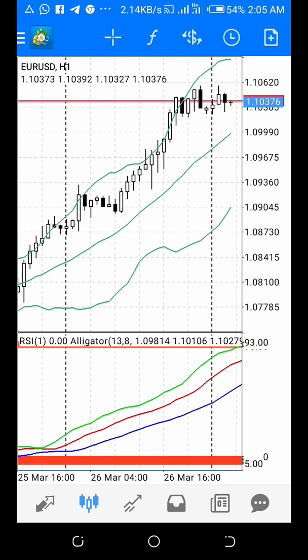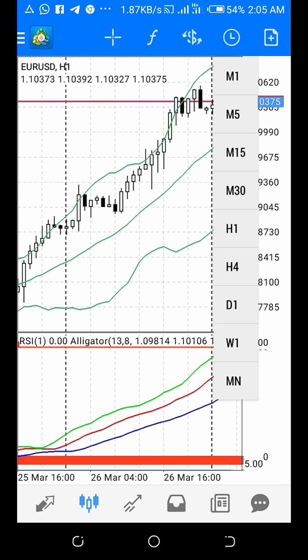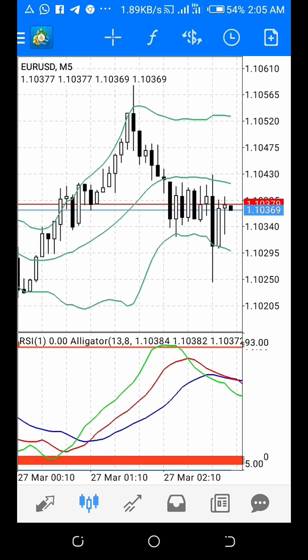A fundamental trader mostly uses 5 minutes and 1 minute for their analysis. As we proceed in class, I'm going to teach you how to read the market for fundamentals trading, how to know when to buy, when to sell, and which trade to place. I'm going to teach you how to read the chart and how to do your analysis.